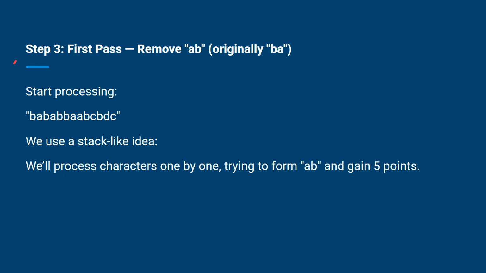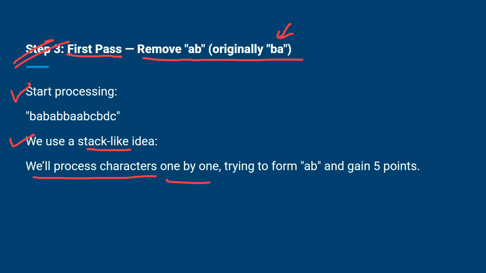In the next step, we'll do the first pass where we will remove AB, originally BA. So we'll start processing on this string. We'll use a stack-like idea and process the characters one by one, and we'll form AB and gain all the 5 points.